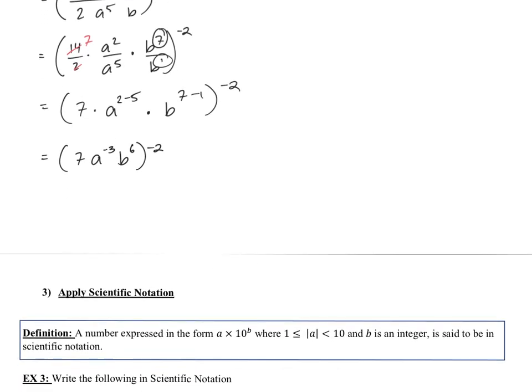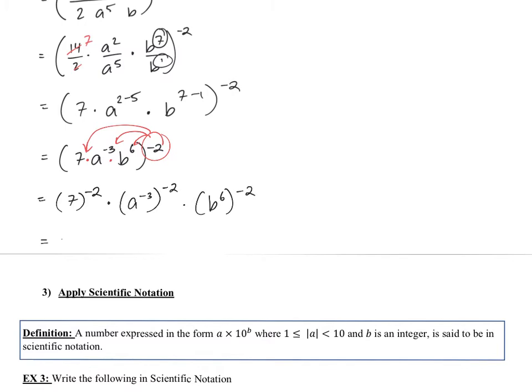You might be interested in putting that in the denominator, but first let's go ahead and work with, after we've basically simplified the inside, let's bring in that negative 2 using the distributive property because, notice, they're all multiplication. Alright, so now we have 7 to the negative 2 power times a to the negative 3 raised to the negative 2 power times b to the 6 to the negative 2 power.